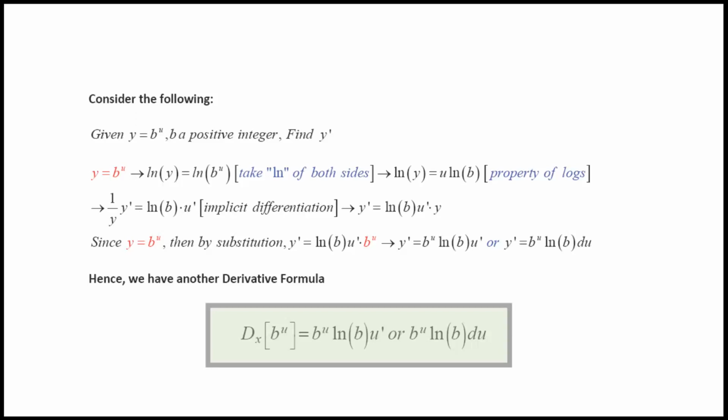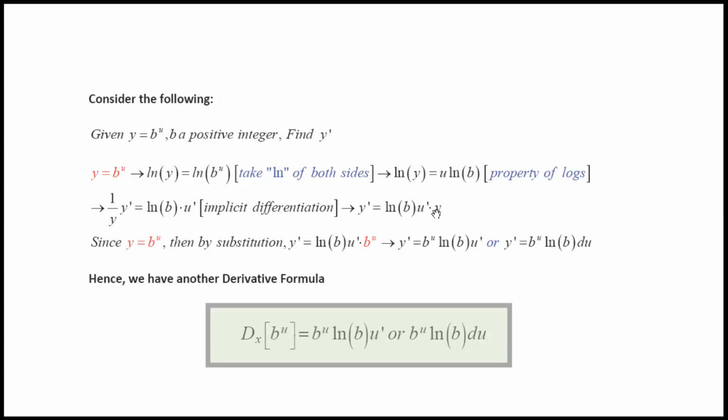Okay. Now remember, what do I want? y prime. So I'm going to multiply both sides of the equation by y. Now, when I multiply the left-hand side of the equation by y, the y in the denominator vanishes, and I have a y prime here. Okay? Now, I'm almost finished. Remember now, what is y anyway? y is b to the u.